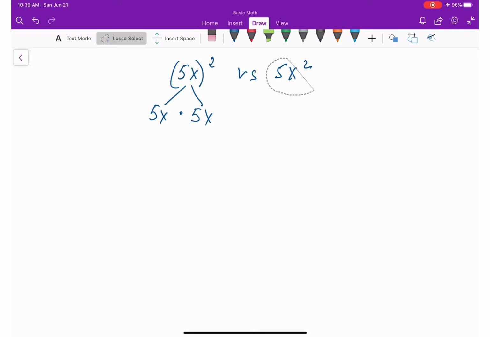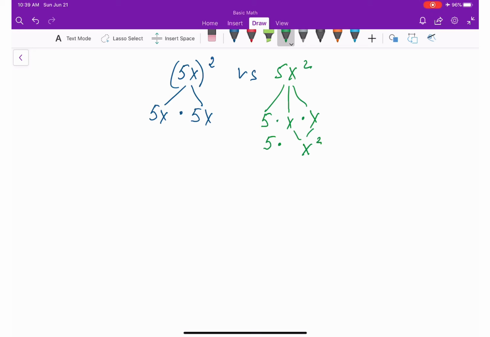When we say 5x squared, we mean 5 times x and times x, which here means 5 times x squared, right?